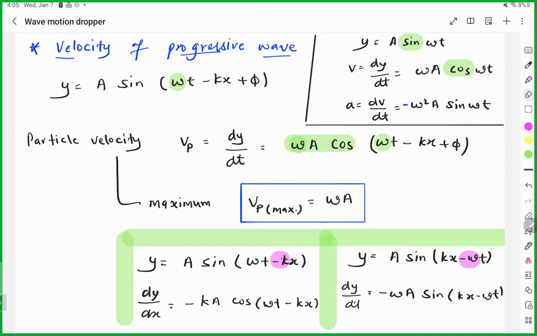If you have math, you know, whenever you differentiate, we should know with respect to what we are doing. Here we are differentiating with respect to x. That's why minus k will come outside. Correct. Here we were differentiating with respect to time. That's why minus omega came out. Almost in the same way.